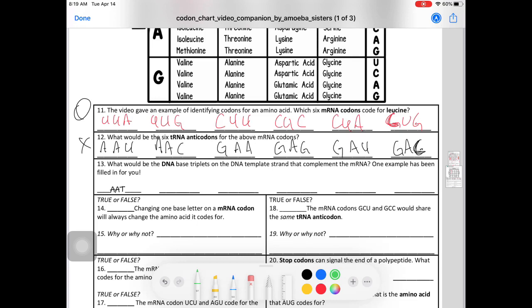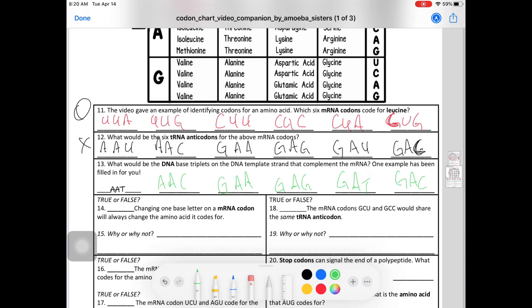All right, so if I've got a U up here, it's going to be AAC, and then it's going to be GAA, and then it's going to be GAG, GAT, GAC. All right, like that.